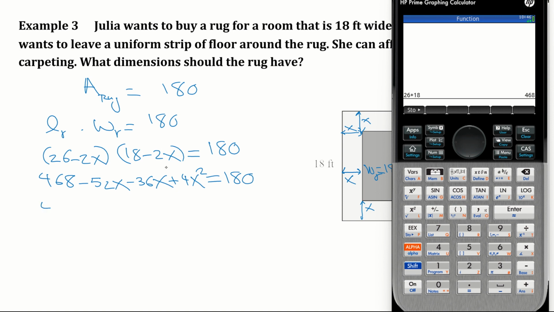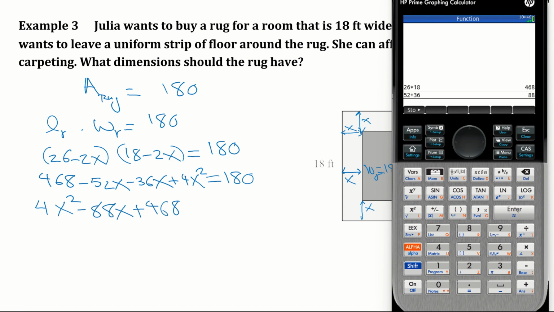So we'll simplify, that's 4x squared. Now, we're going to combine the 52 and the 36. So they're both negative, so it's going to be minus 88x plus 468. Now we put it in descending order.